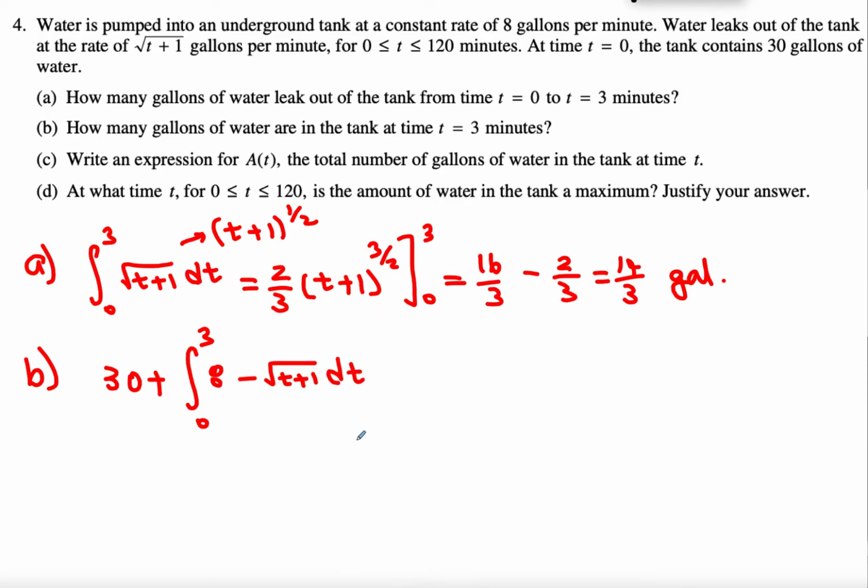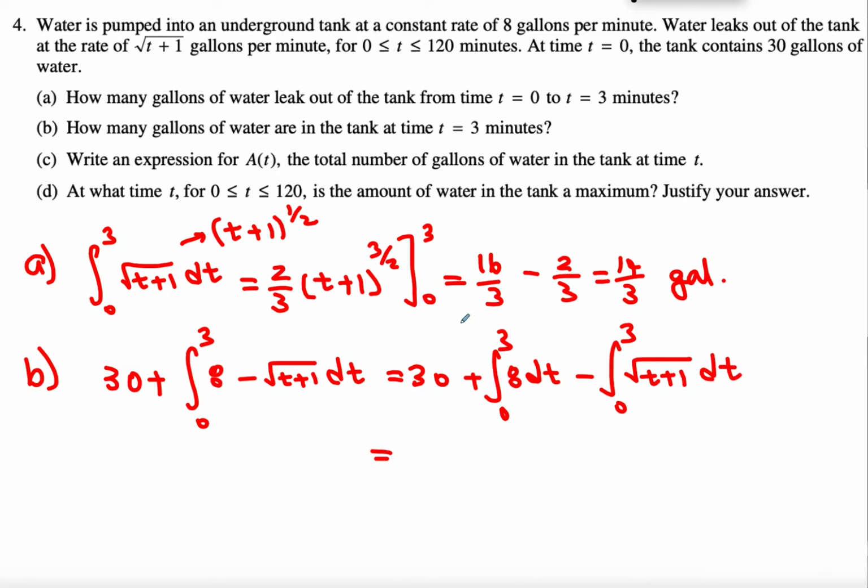So that's what I have to calculate then. In this case, first one is 30, and then plus integral 0 through 3 of 8 dt, that's one thing, minus integral 0 through 3 of square root of t plus 1 dt.